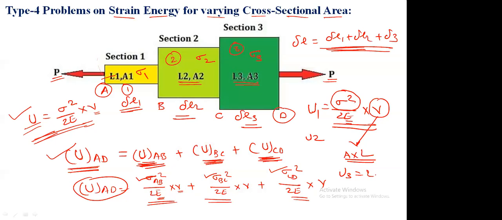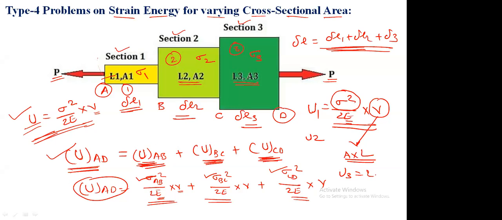Okay. So we are discussing the strain energy stored in the bars of varying cross-sectional areas, and just now we have discussed how to calculate the strain energy in the bars of varying cross-section. For that purpose, what is our requirement? We have to calculate the separate strain energy for section number 1, separate strain energy for section number 2, and separate strain energy for section number 3. The total strain energy is capital U is equal to U1 plus U2 plus U3.